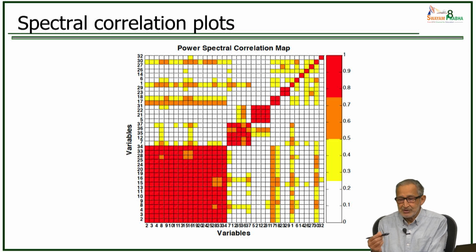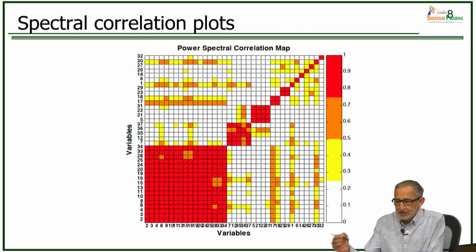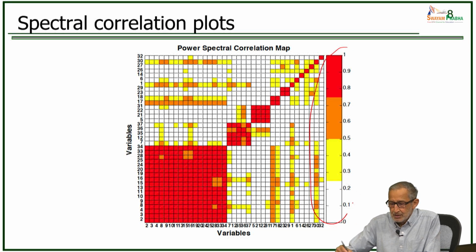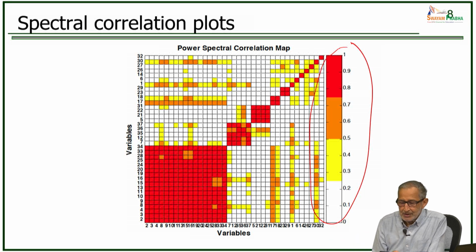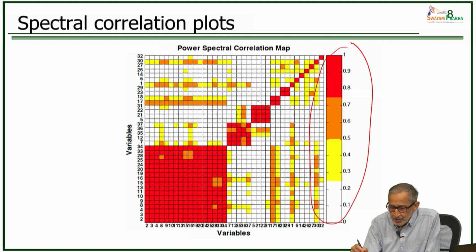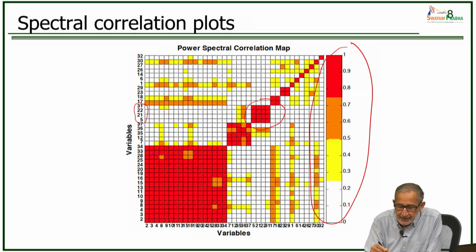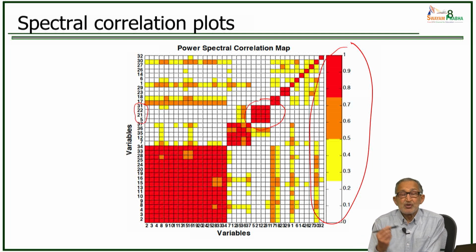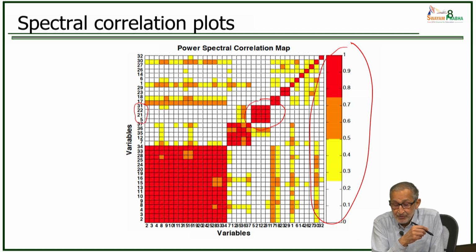And what you get is this clustered spectral correlation map with the same scale on the right hand side, and it's showing you that variables 5, 21, 22 and 31 are very highly correlated with each other, meaning their spectral shapes are very, very similar. They're almost identical. In other words, those four variables are oscillating at the same frequency.